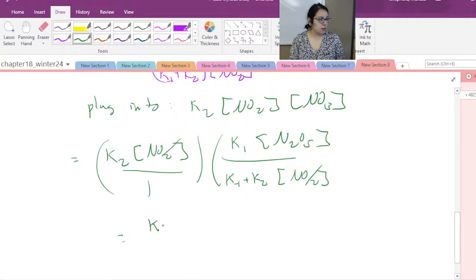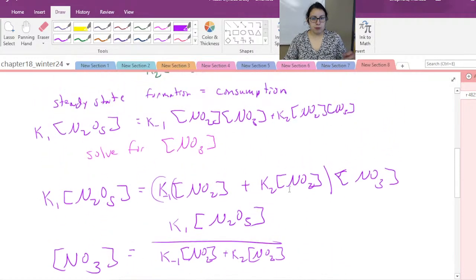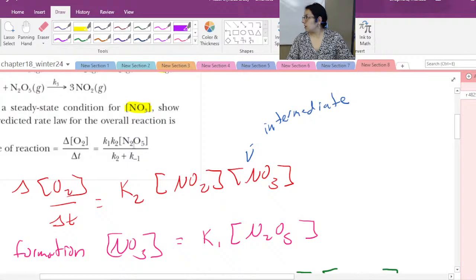We get K1 times K2 times N2O5 divided by K2 plus K-1. Is that what they were asking for? Yes, we did get that same expression.